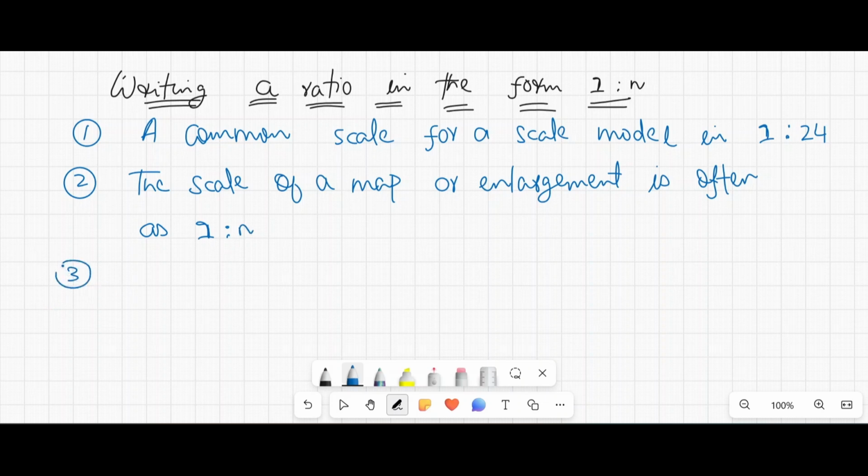And third, to change a ratio to this form. So how will we change a ratio to this form?